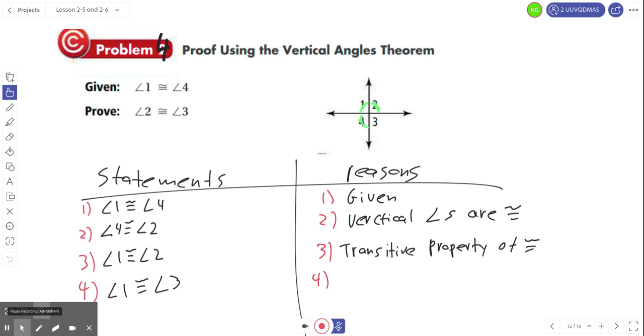That is, vertical angles are congruent. Finally, for step 5, well, now I know that 2 is congruent to 1 and 3 is congruent to 1. So I can go back to my transitive property and say that 2 must be congruent to 3.